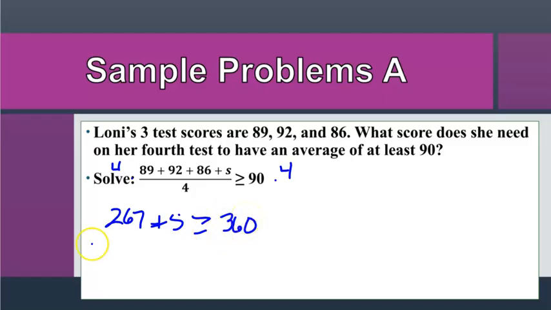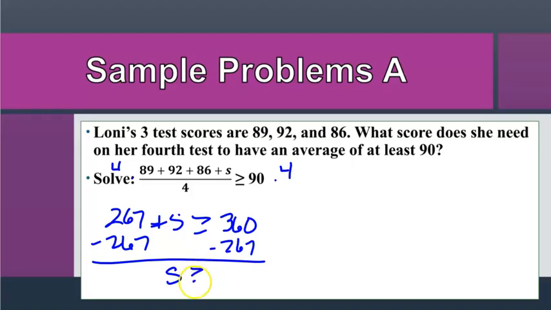Now to find out what s is, I'm just going to subtract 267 on both sides. And 360 minus 267 is going to give us 93. So s is going to be greater than or equal to 93. That means Lonnie's got to have at least a 93 on the final test for her to have an average of at least 90.